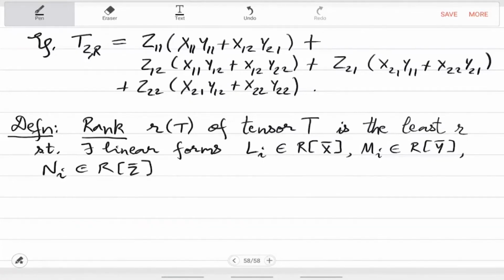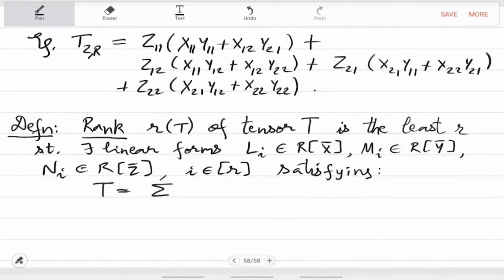These are linear forms, and i ranges from 1 to R. All this data has to satisfy the following equation: the tensor decomposes as the sum of L_i times M_i times N_i.